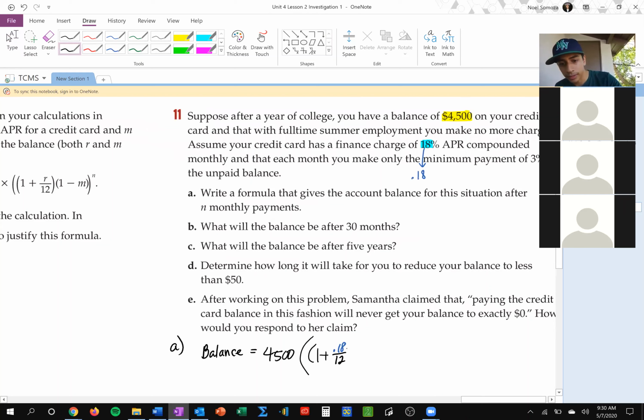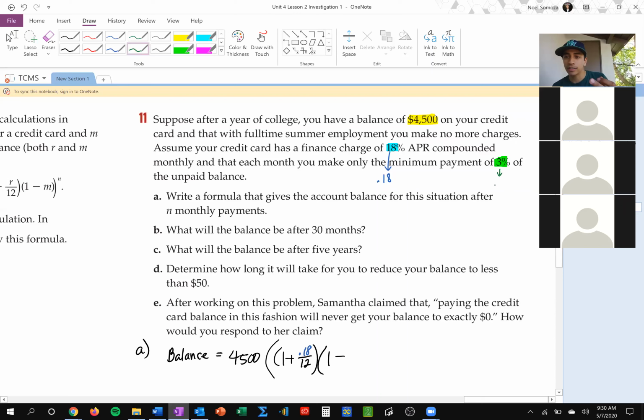Times 1 minus m. In this case, m is represented by the percentage of the minimum payment that it has to be. The minimum payment has to be 3% of what you owe, so this now becomes 0.03. This is the m value. So 1 minus 0.03, and then all of this to the n.